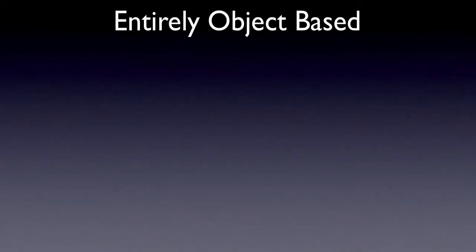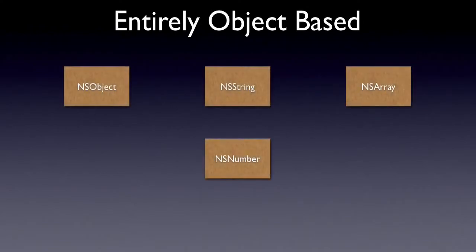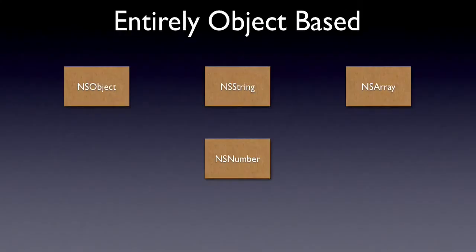Now, as the name would suggest, Objective-C is an entirely object-based language, meaning everything in the language is an object, and all the objects that come with Cocoa are prefixed with NS, which stands for Next Step, which, as you saw in the intro, is the operating system from Next, which OS X is based on. So you have NSObject, NSString, NSArray, NSNumber, any number of objects that come with it, and you can also create your own objects.